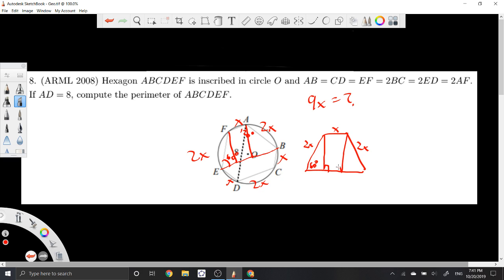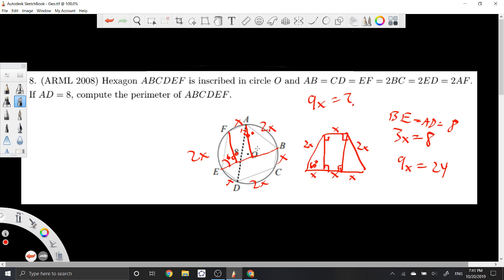So if we draw perpendiculars, then since these two are parallel because it's an isosceles trapezoid, it's in a circle, then this length is x. And from 30, 60, 90 properties, this length is x and this length is x. So 3x is actually equal to 8. Why? Because BE equals AD equals 8. So now we know that 9x equals 24.